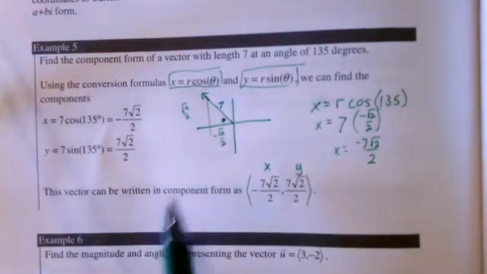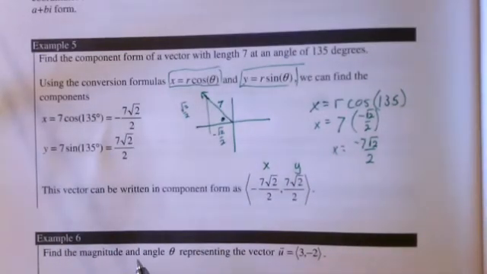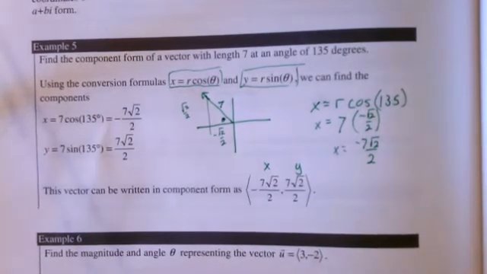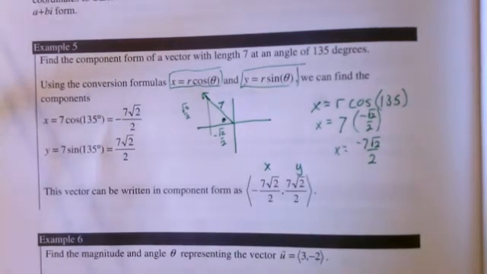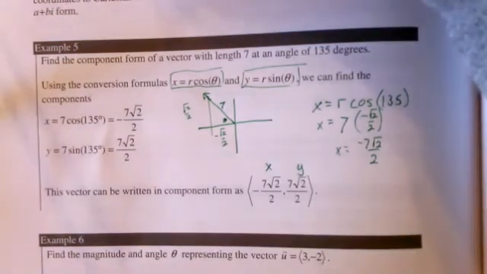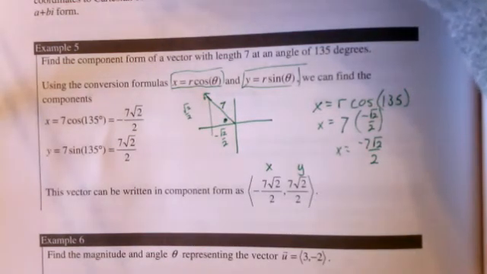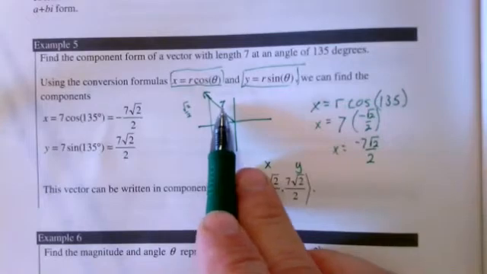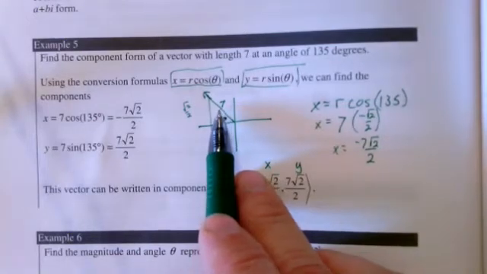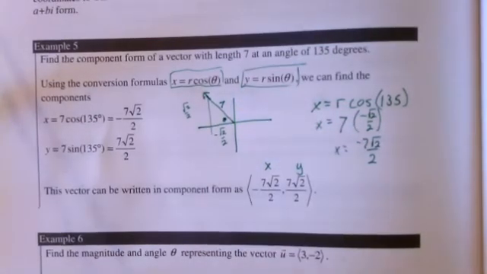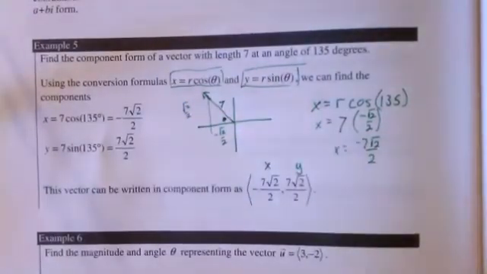So what's the length of this particular vector? 7. Yeah, in this case, we know that the radius of this thing, the length of this vector, is 7. So it's definitely not a unit vector. Okay, it is a vector. Unit vectors are only going to have length 1. Okay.